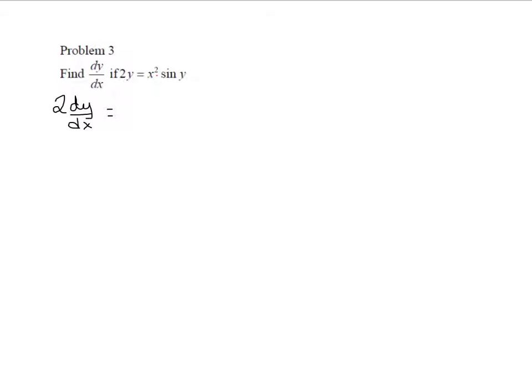We need the product rule. 1 d2. The derivative of sine of y is cosine of y dy dx, plus 2 d1, so times 2x.